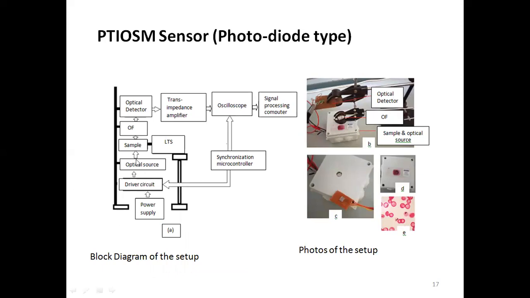So the light would go through the sample, then we would introduce an optical filter element before the light goes to the detector. Then we would put a transimpedance amplifier to convert the photodiode current to voltage, then take it to a digital oscilloscope for digitization, and then the signal would be acquired by a computer for further processing and visualization.